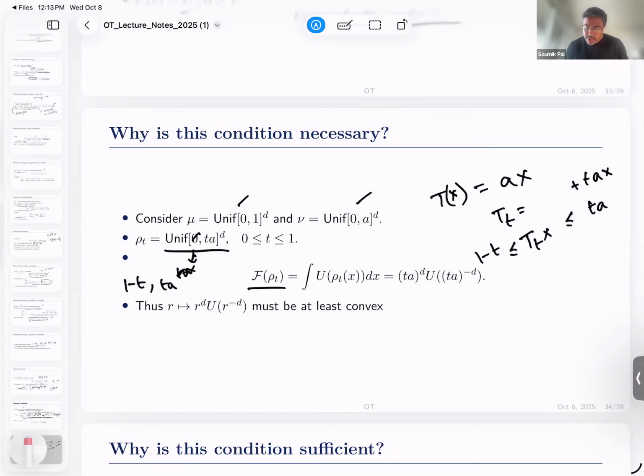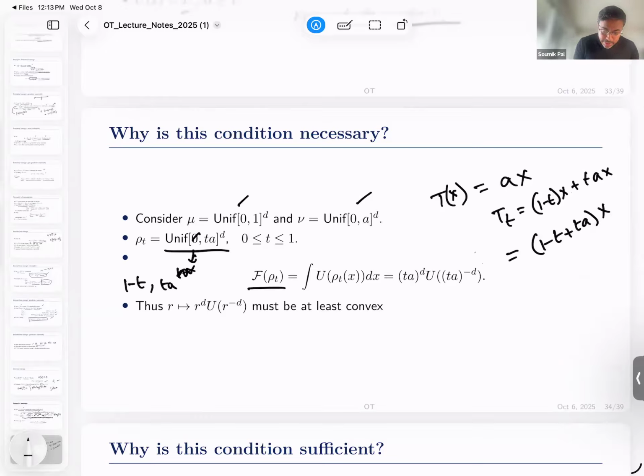So this is 1 minus t times x plus ta times x, and so I get 1 minus t plus ta times x. Okay, good.